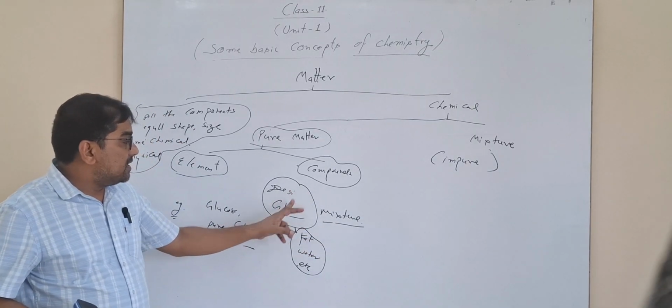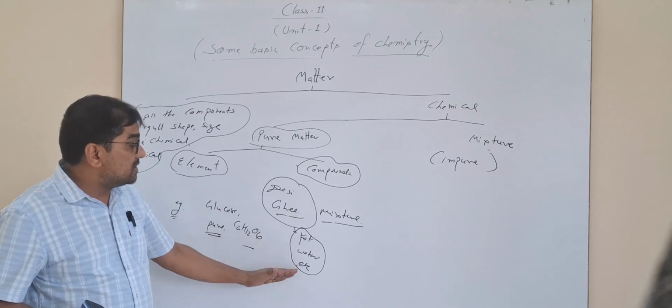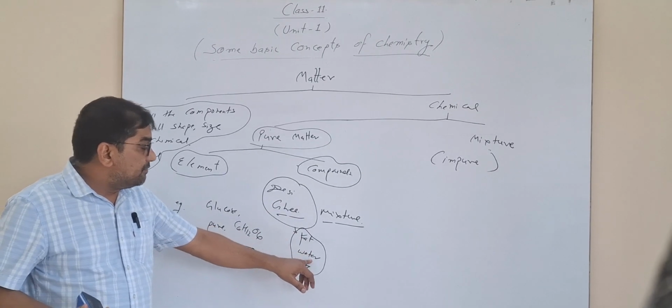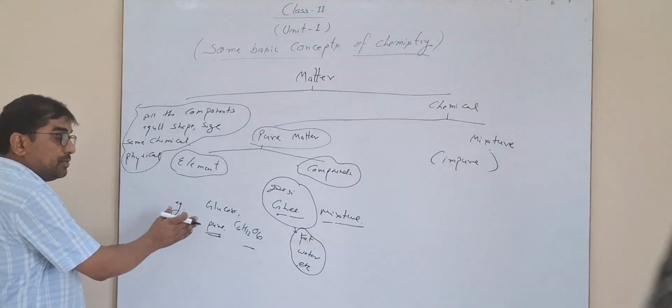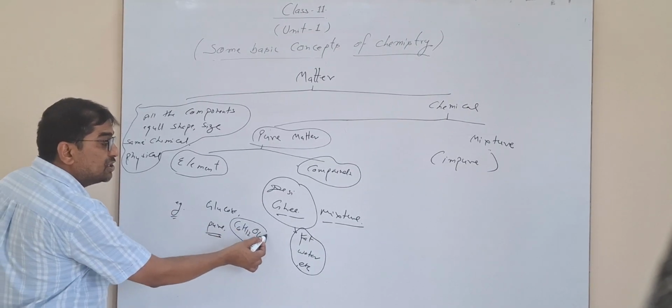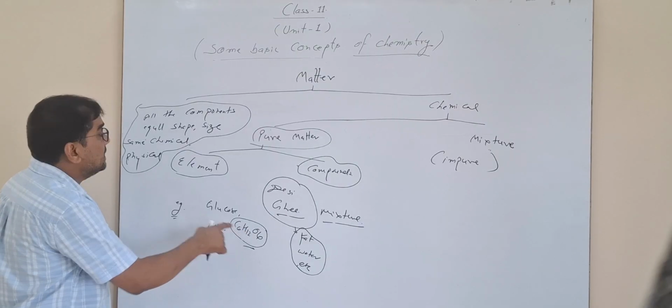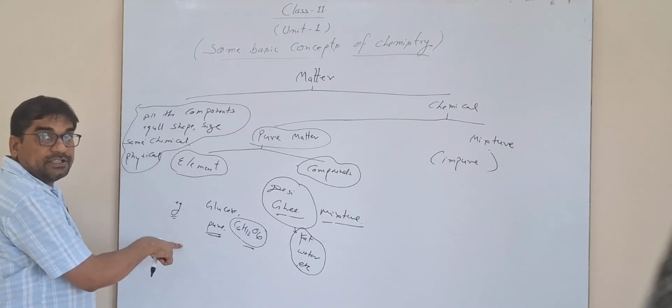So, desi ghee is a matter but not pure by nature, because it is a composition of different pure forms of matter. What is a pure form? A pure form has all the molecules with equal shape and size, and they have the same physical and chemical properties.